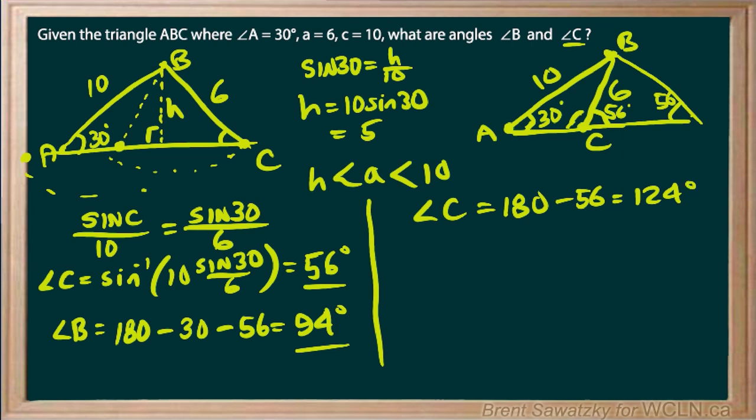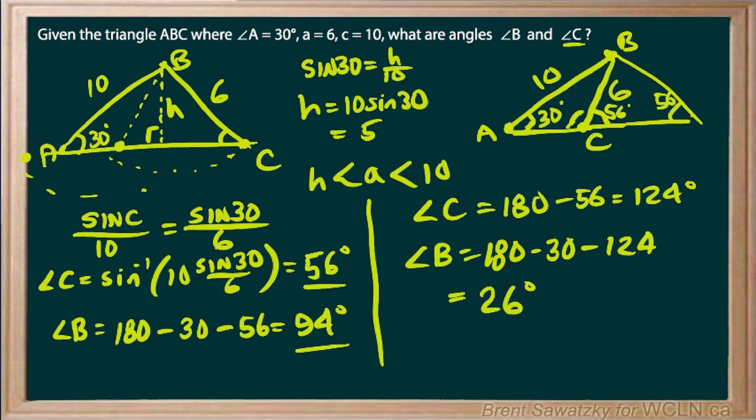So we've got our angle C for the second triangle. And for angle B, same idea, 180 minus our given 30 minus our new 124, and we work that out and we get 26 degrees.